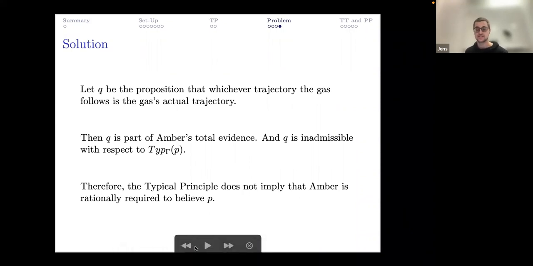Suppose an agent had that as evidence. There's a possible world at which those worlds exist, and in those worlds it's also the case that typically, sub gamma, the whole phase space, gases expand quickly.